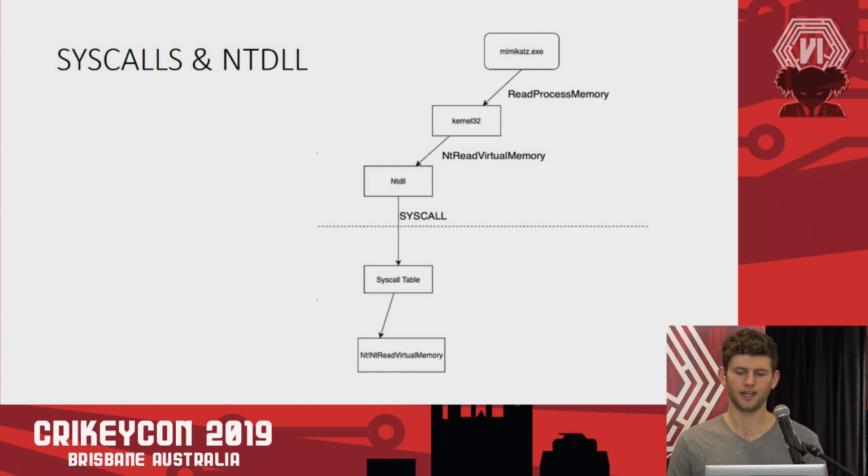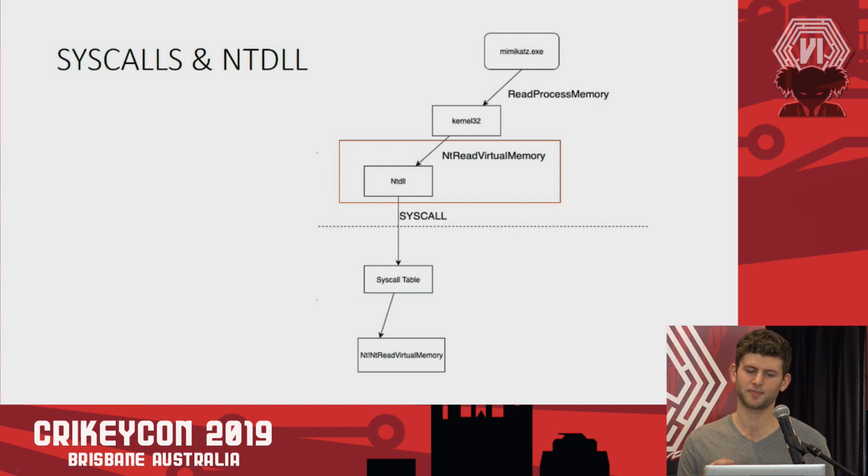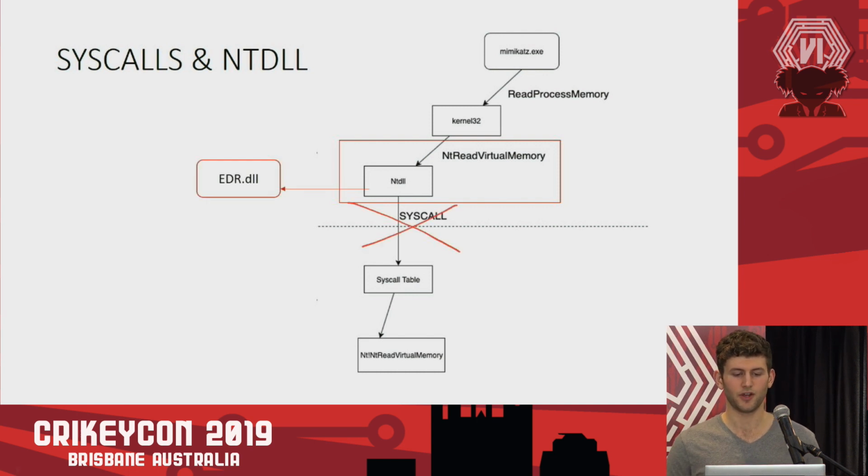So they do the next best thing. They target this part in user land, which is the last part before it jumps to kernel land. The reason this works is that Patchguard doesn't touch user land, it verifies kernel structures. So what an EDR will do is patch NTDLL in memory to redirect, instead of doing a syscall to the kernel, code execution to their own injected DLL.